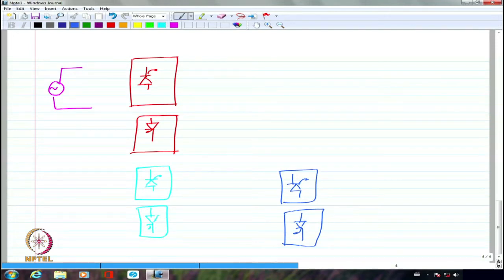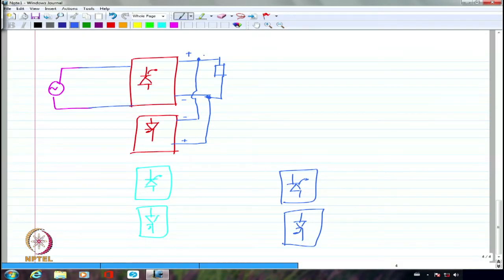Now I will connect this first of all to this. Now the output is connected to a load. Normally I am going to have plus here and minus here if it is working as a rectifier. But this plus has to be connected here and this minus has to be connected here, the other way around, like a dual converter.